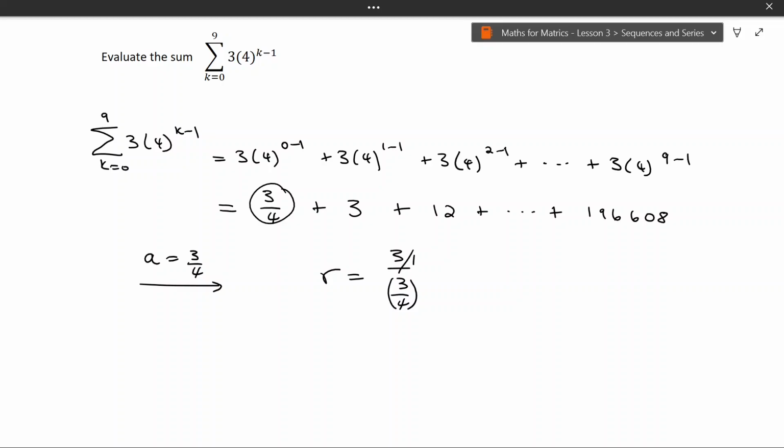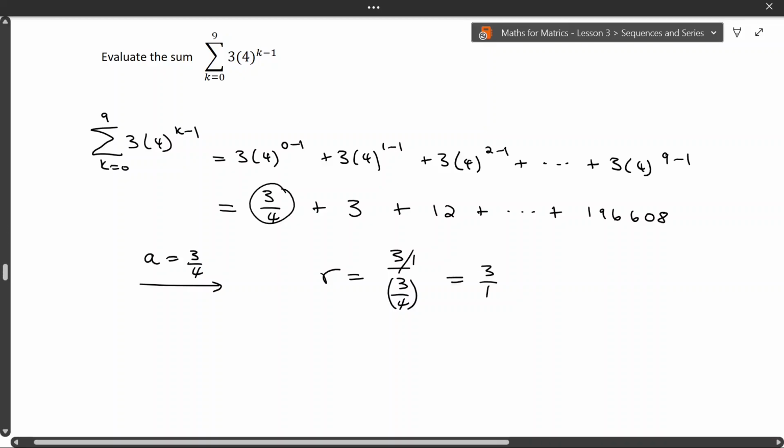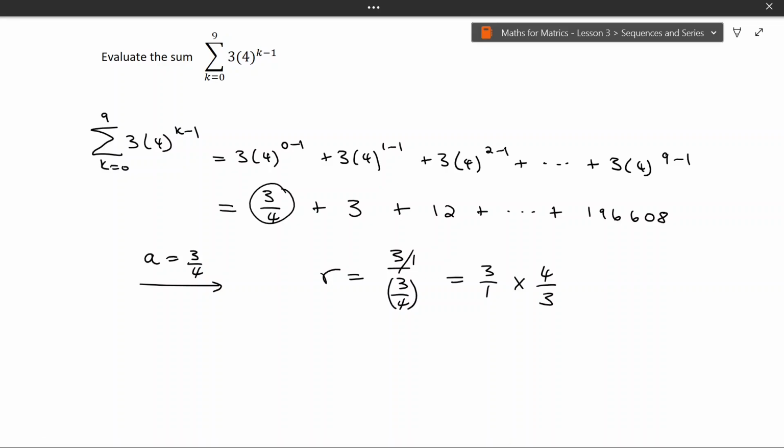If you have a fraction divided by another fraction, flip the bottom fraction and multiply it to the top fraction. If we do that, we are left with 3 over 1 times 4 over 3. Looking at our two fractions, the two 3's cancel each other, and we are left with 4 over 1, and it is equal to 4.